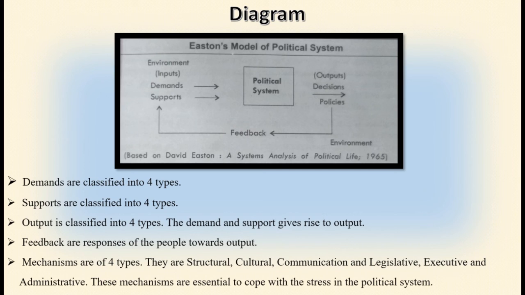D. Legislative, executive and administrative organs. These organs of the government entertain or refuse to entertain the demands. For example, a bill declaring Pakistan as a terrorist state was not entertained in the Indian Parliament.